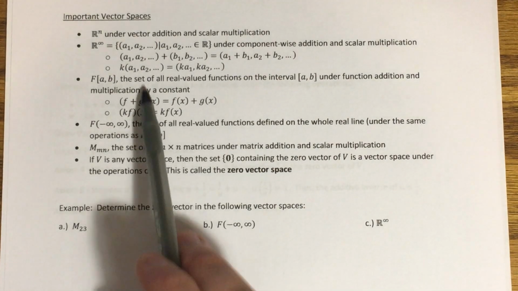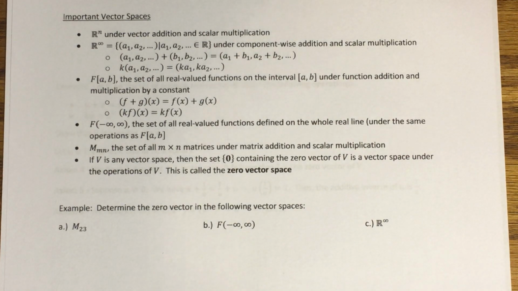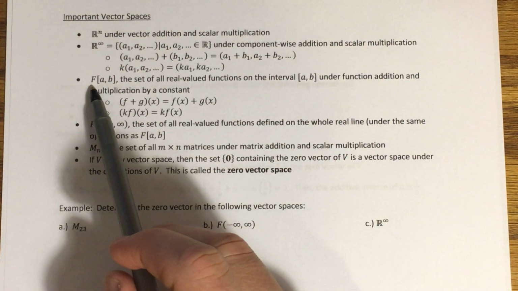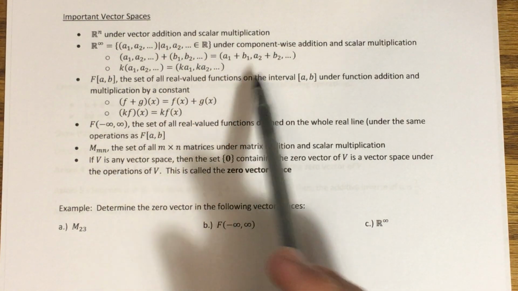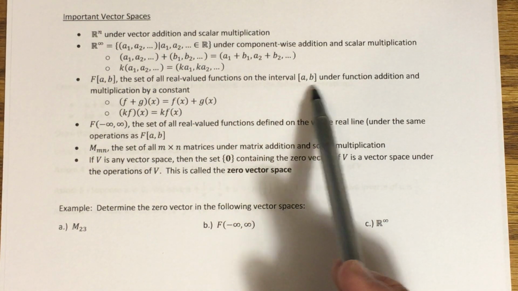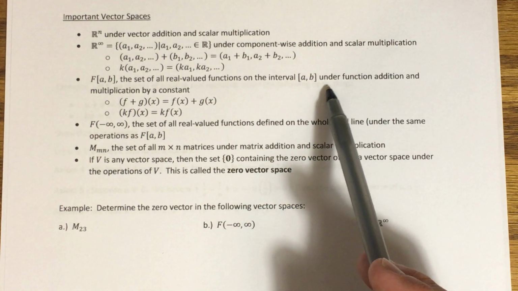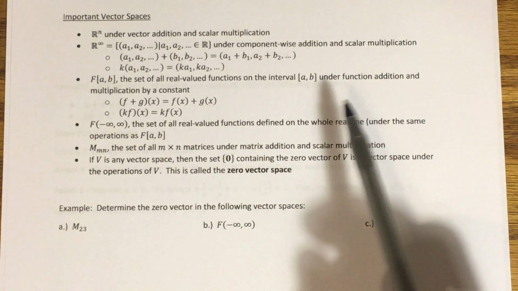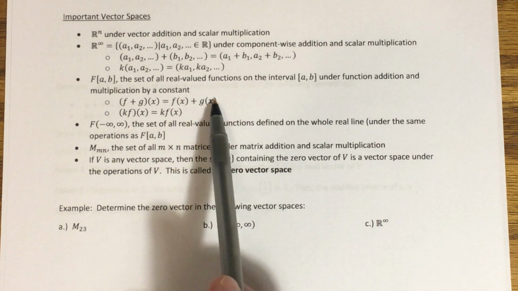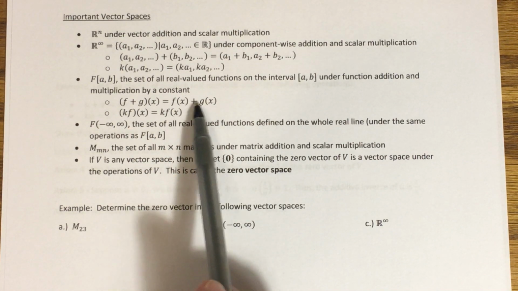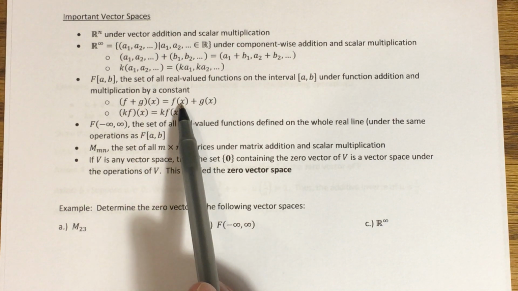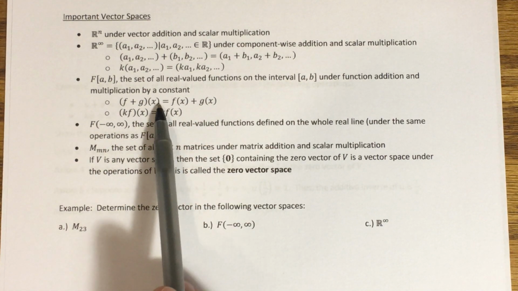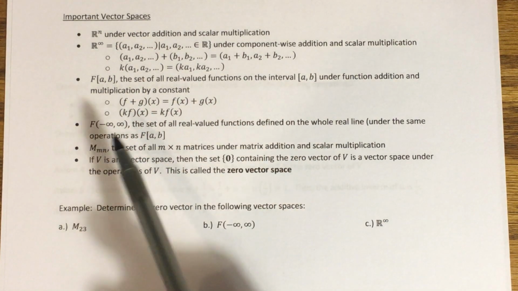Okay, so it looks very, very similar to Rn, and it behaves in a very similar way as a vector space. Here's one we haven't talked about yet. That's a capital F with a closed interval AB here. This is the set of all real valued functions on the interval AB, where addition and scalar multiplication is defined by the usual addition of two functions. So you do a lot with this in algebra and calculus. If you add f of x plus g of x, the result is a new function that we just call f plus g of x.